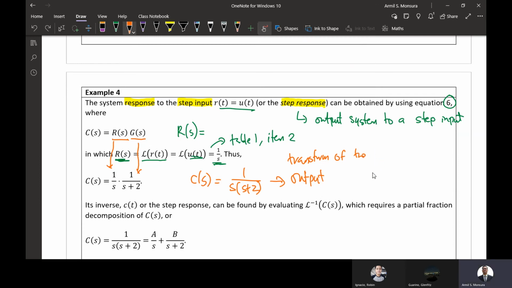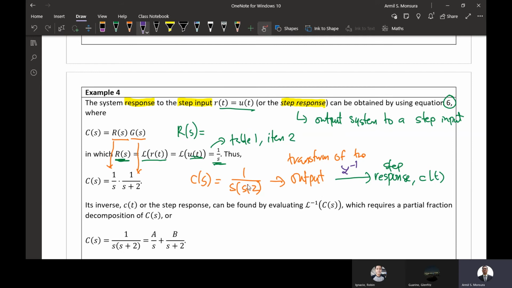So, that should mean na kung kailangan talaga natin yung output or yung response ng system niyo, we have to get the inverse of the transform of the output para makuha natin yung saktong expression para sa response or yung step response ng system niyo, which is C of T. Okay? And for us to do that, ang kailangan nating operation is the inverse Laplace transform. So kukunin natin yung inverse Laplace transform nito.